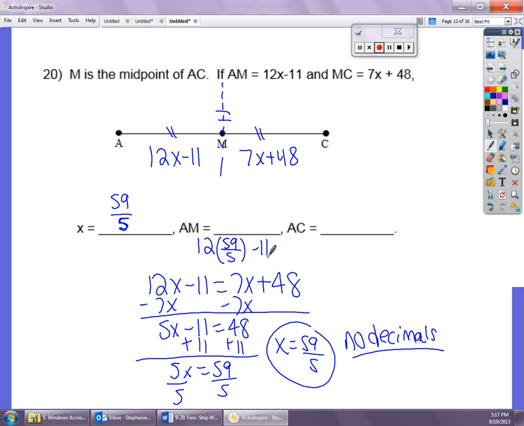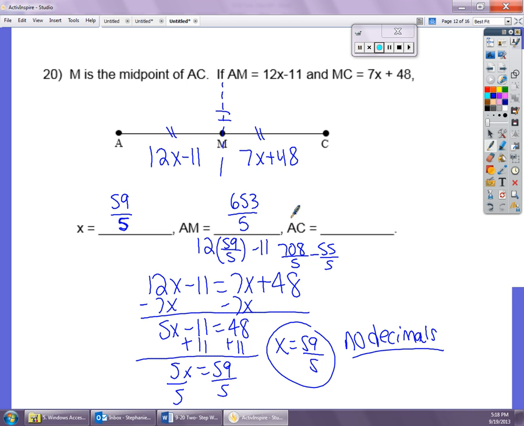If you don't want to use the calculator to do it for you, you can just change that to 708 over 5 minus 55 over 5, and you get 653 over 5. But you could have put this all in your calculator and pressed math enter enter if you wanted to.